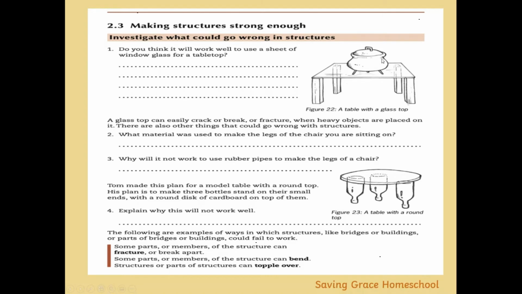Some of you have seen a coffee table like this, and say I decide to put a very heavy pot on top. If you put a heavy pot on top like this and nothing else on the glass surface, the odds are the glass is going to crack or break. Your structure is going to fail. This pot's going to fall on the ground. You don't have a table anymore. So it's not the best design.